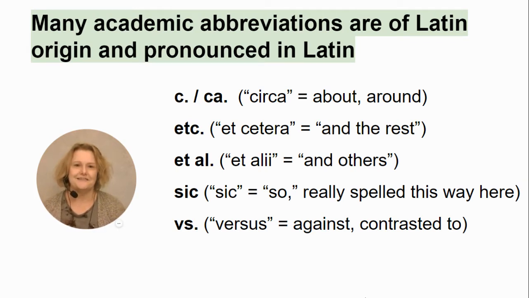Et al. is something you only run into in citations in text or in bibliographies or works cited lists of authors. Et again means and. Al is short for alii, which means others, and others.